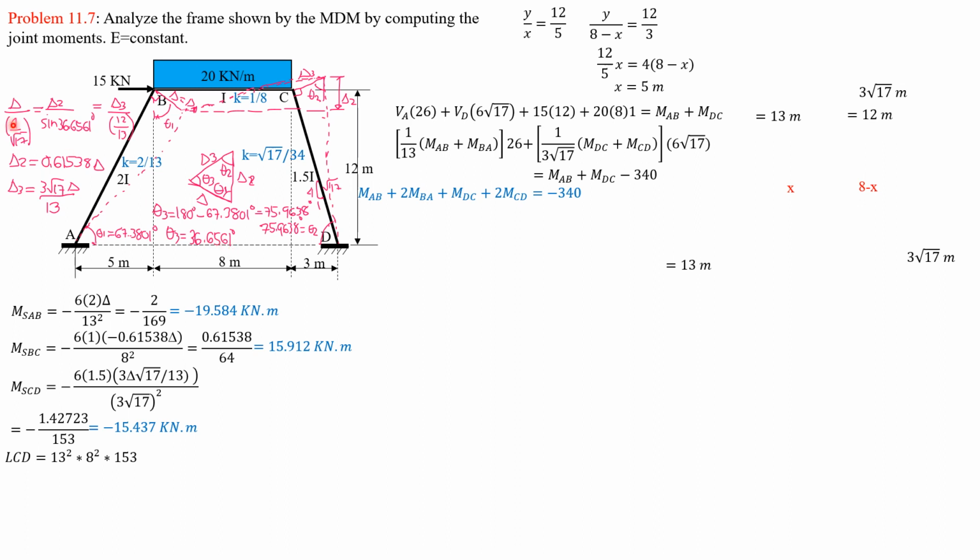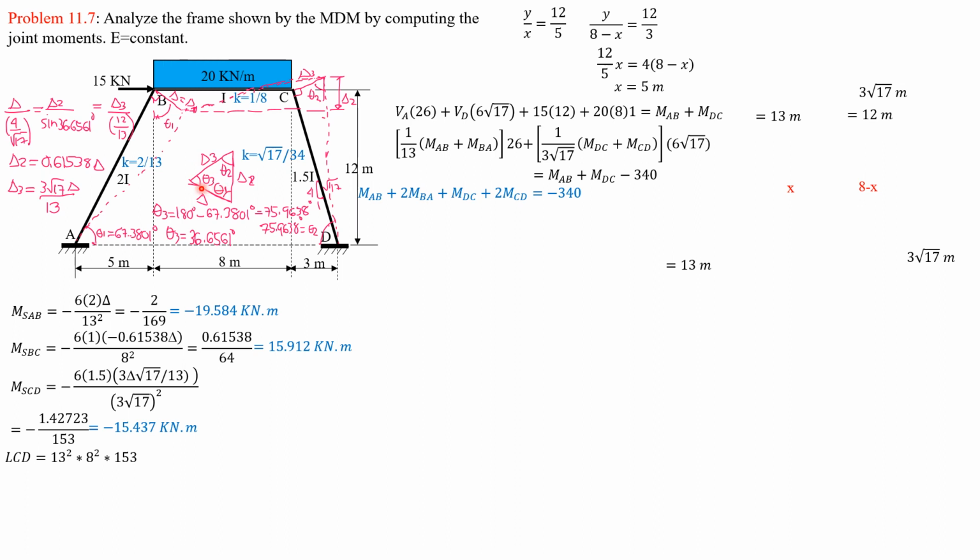By sine law, delta, which is this, as to sine theta 2, and sine theta 2 from this figure is 4 over square root of 17 equals delta 2. Delta 2 is opposite to theta 3. So as to sine of theta 3, sine of 36.6561 degrees equals delta 3 as to sine of theta 1.